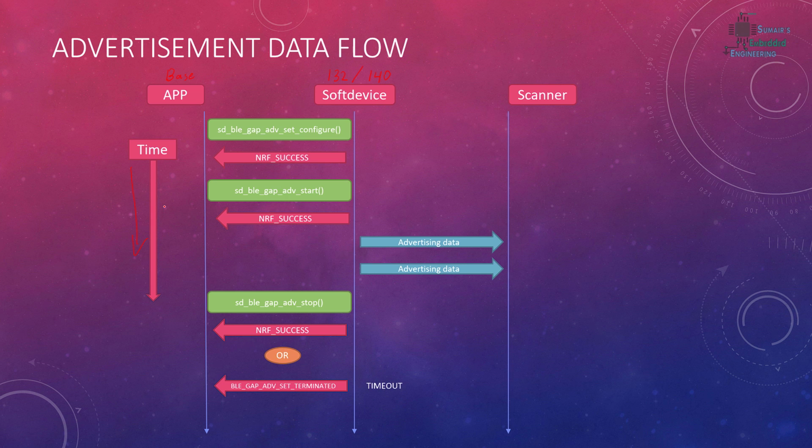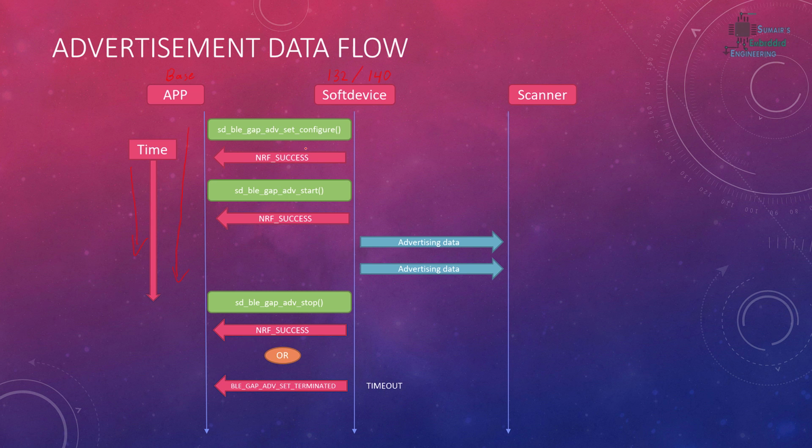The time is flowing downstream, so we can see the time is flowing like this. We have some functions that we call, and after these functions we will receive some data back from the soft device. Basically our soft device is taking all these functions as API calls, and then it returns the success or error messages, depending on whether everything is going smoothly.